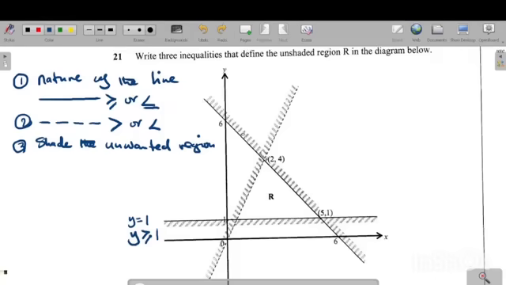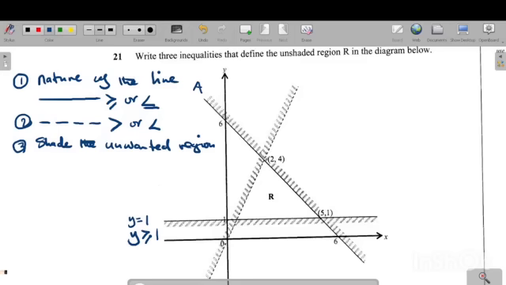Let's now find the equation of this line. I'll name this line A. Let's find the equation of this line so that we use that equation to come up with the inequality. For us to come up with the equation of this line, we need to collect the points.